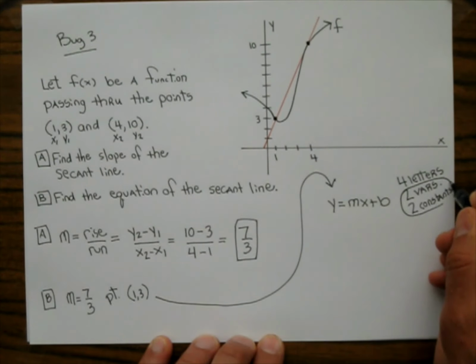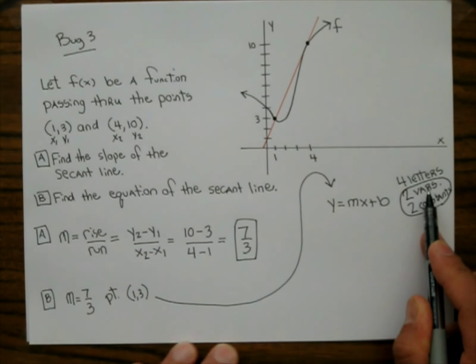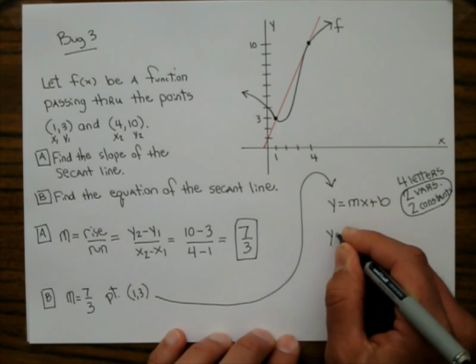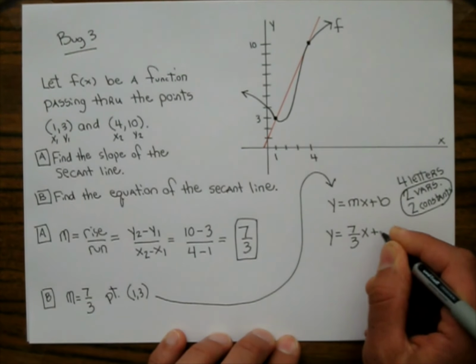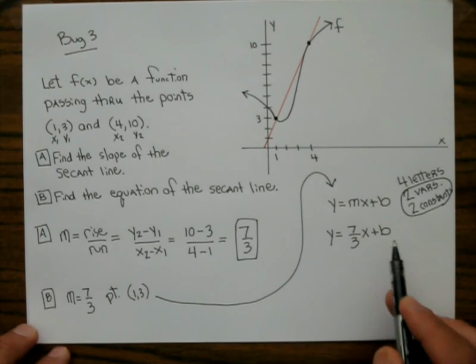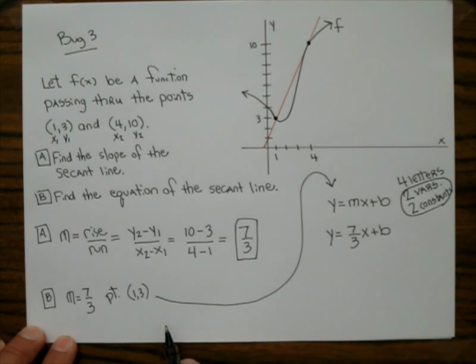So that's what we have here. We have 2 variables, 2 constants, which make up the 4 letters. Well, I know what one of the constants is. I know that m is 7/3. So 7/3 x plus b. Really I just have to find the other constant, and then I have found the equation of the secant line, which is the red line there.